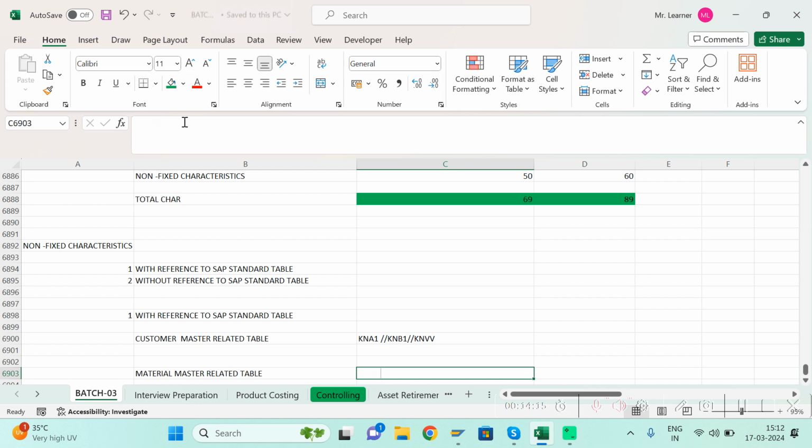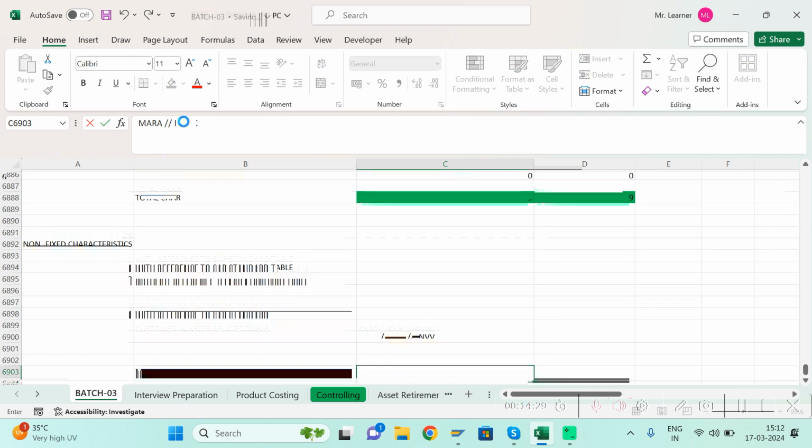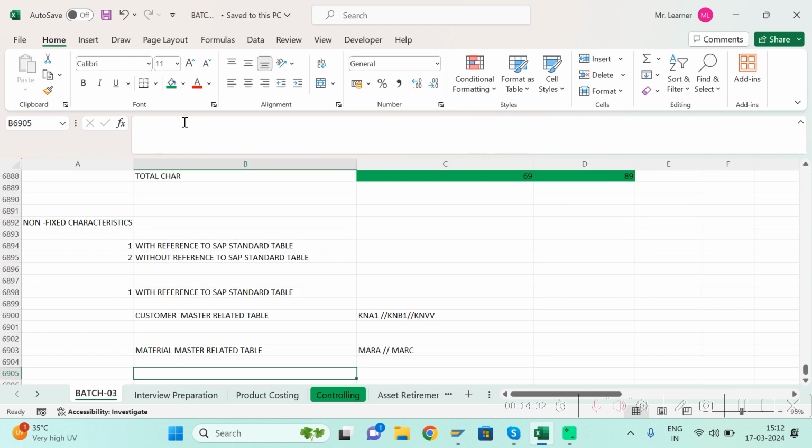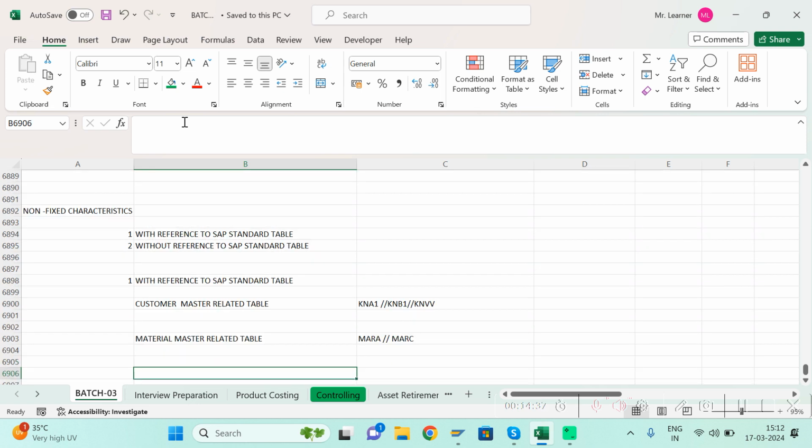Any field given in the MARA table you can use as a non-fixed characteristic. Then you can use the MARC table also. There are many other tables you can use while creating non-fixed characteristics. So with reference to a standard table you can add the characteristics.